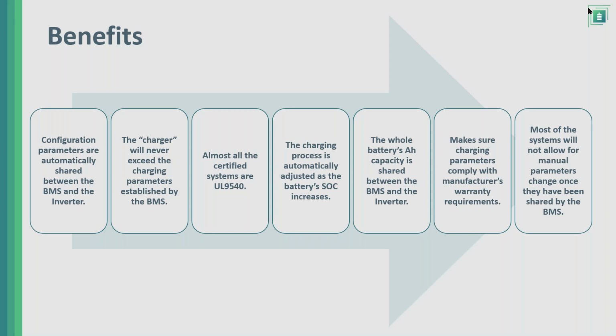Most of the inverters will allow you to override or supersede the configuration choice, but it will be at the level of deciding if you want to behave in closed loop communication or in open loop communication. If you are in open loop communication, you are taking responsibility that the parameters being provided will comply with the manufacturer's requirement.